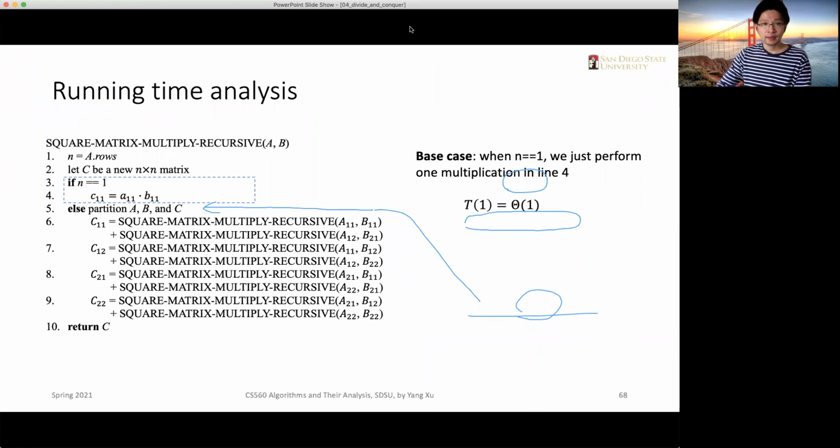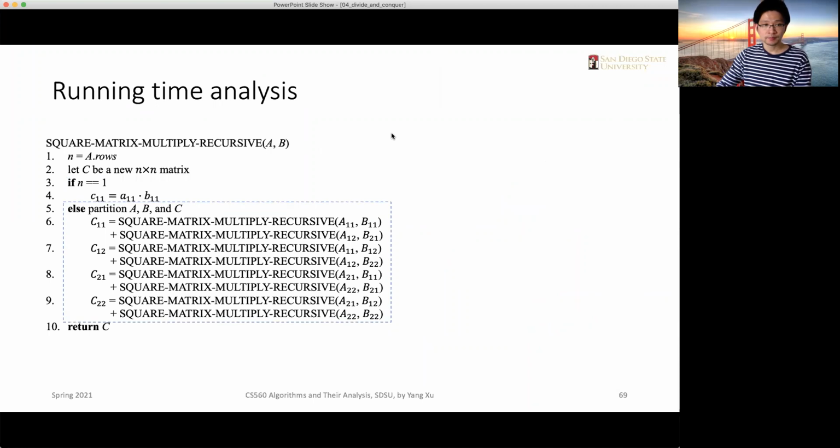And the real cost is in the recursive cost here, in the divide and conquer step. So in this conquer step, we can write the solution using the recurrence form.